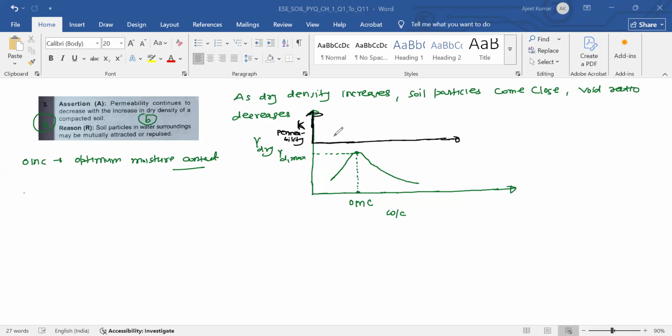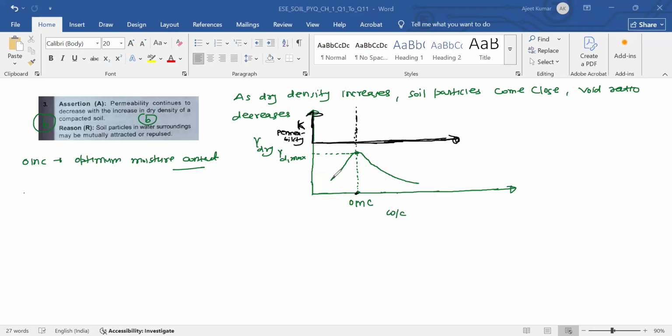If K is permeability on this axis and gamma D on the other, then where gamma D is maximum at this line, for this water content, the permeability will be minimum.